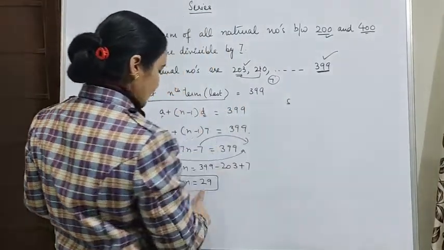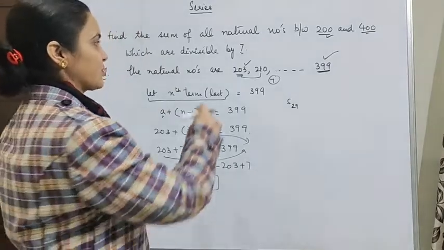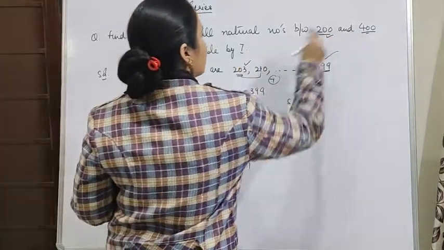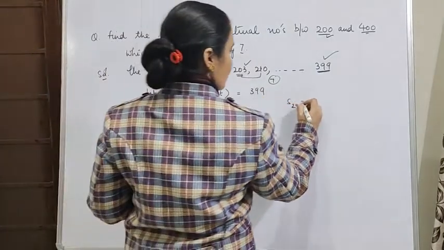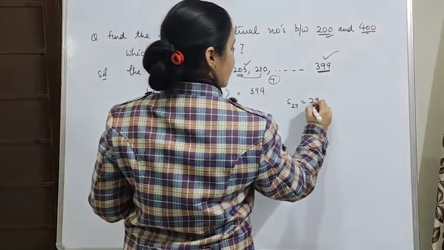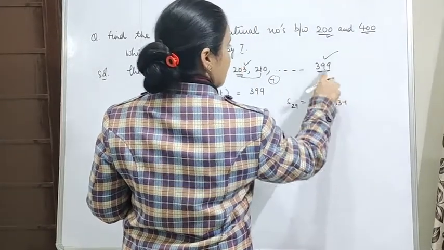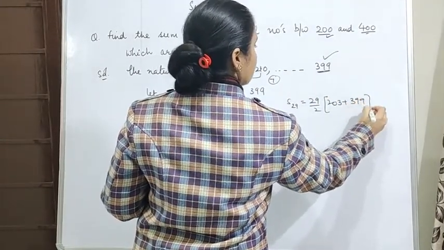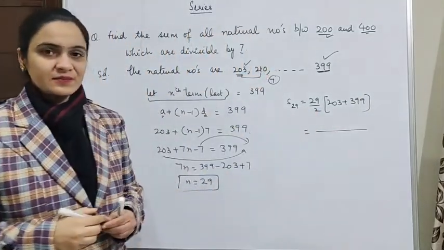Sum of how many terms? 29 terms. So there are 29 terms between 200 and 400 which are divisible by 7. So the sum of 29 terms is 29 by 2, first term is 203 and last term is 399. Calculate this and you will get the answer.